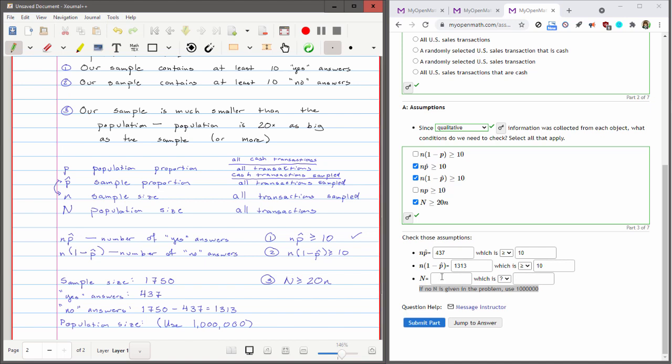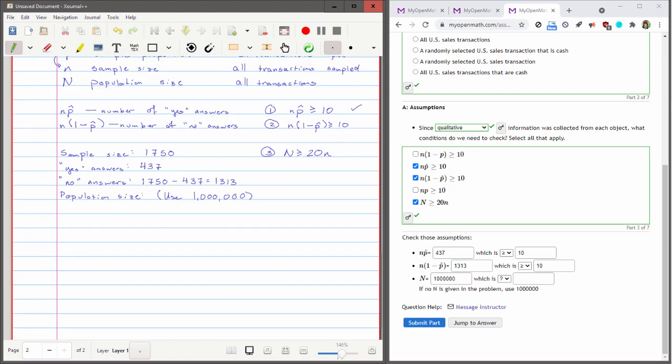We don't actually care about this number. We just care that it's big enough. So we'll use 1 million. And we want to compare that to 20 times little n, that's 20 times the sample size, 1750.